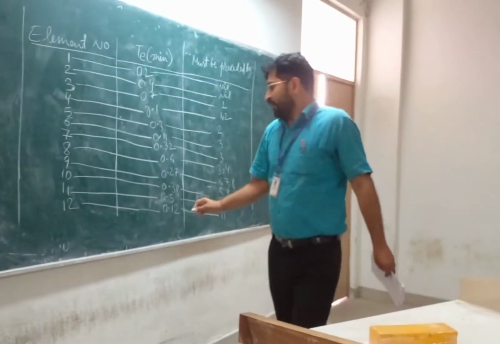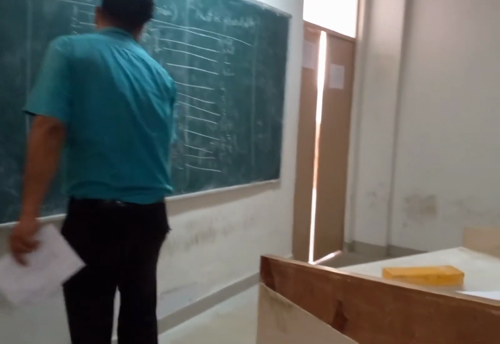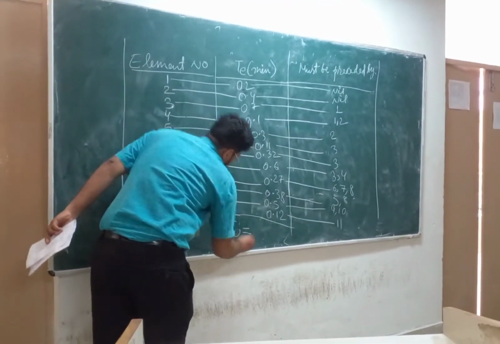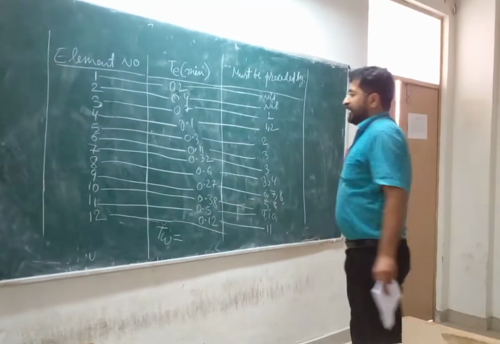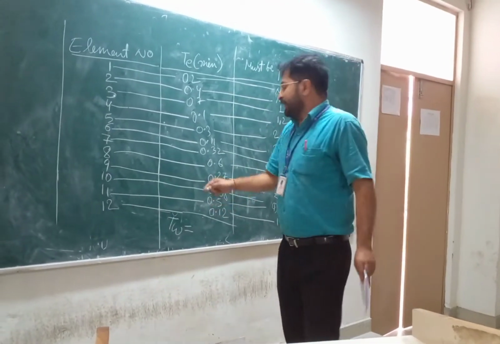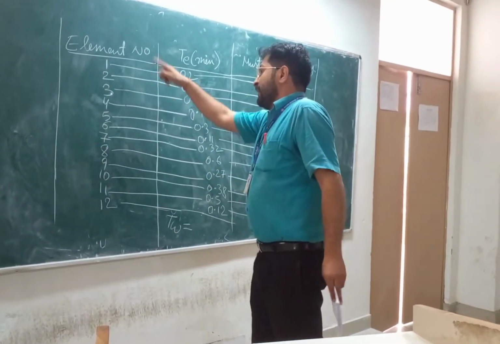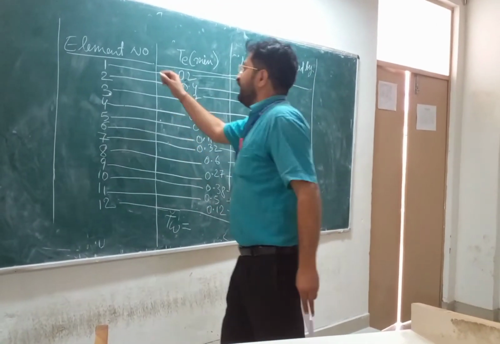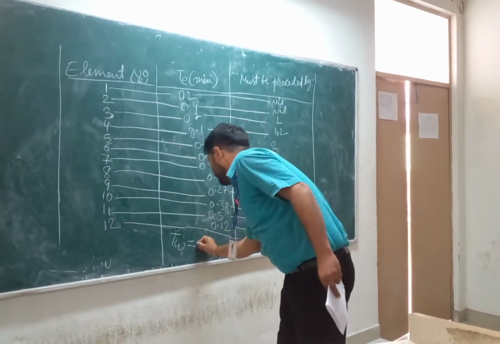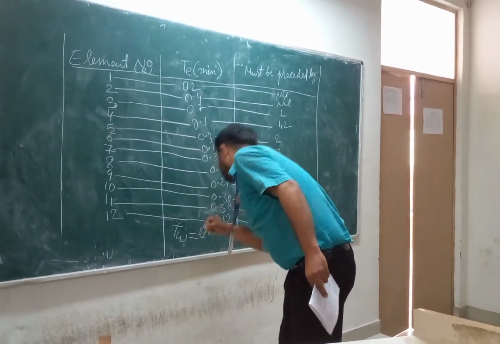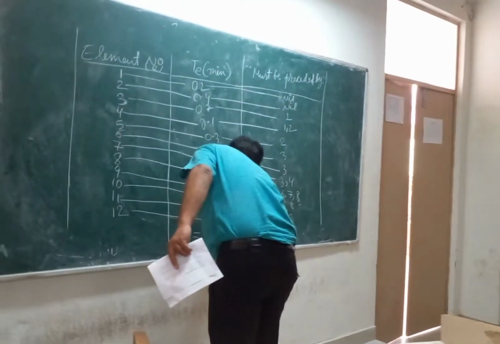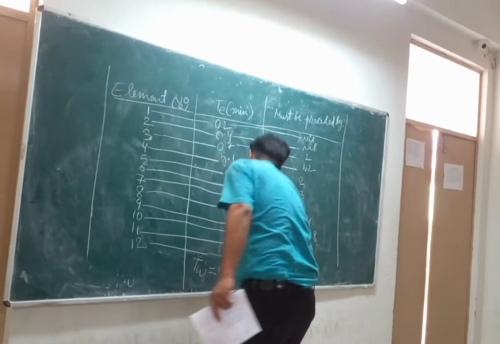Now we will be finding the total work time, TW. The total work time is nothing but the total processing time. That means TW is the summation of the process times TP over the number of elements, e.